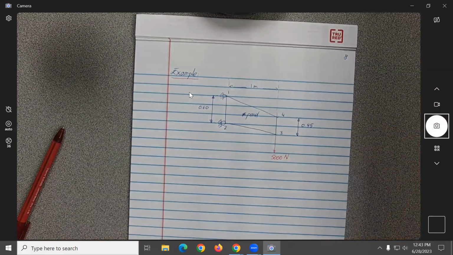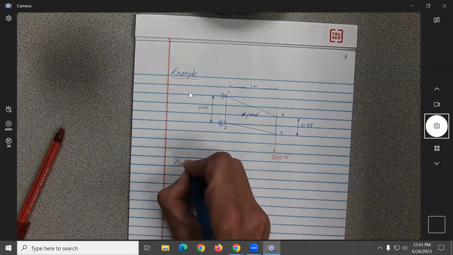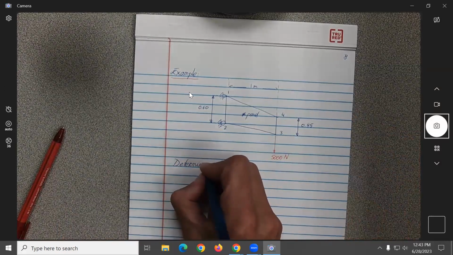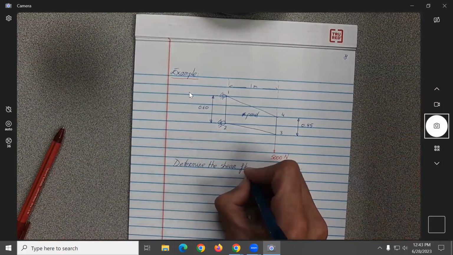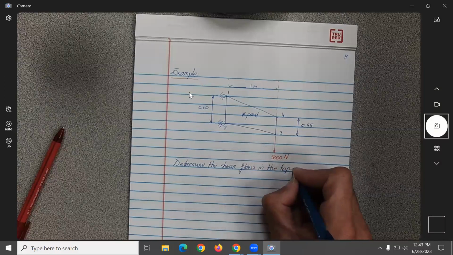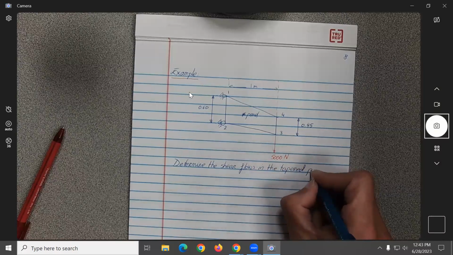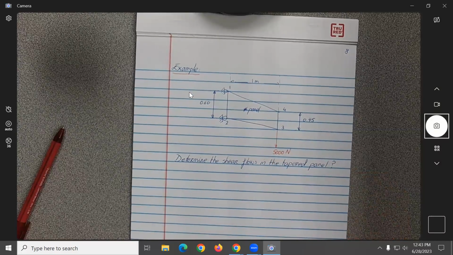And everything will be in SI. So the question over here is to determine the shear flows in the tapered panel. Okay, so basically this is straightforward.